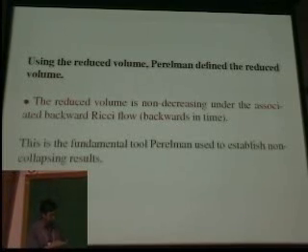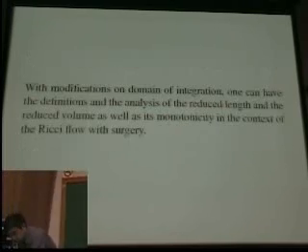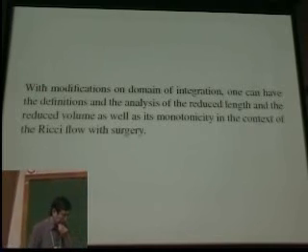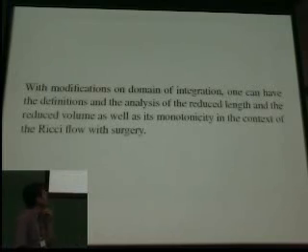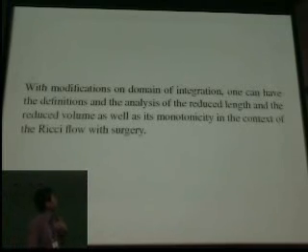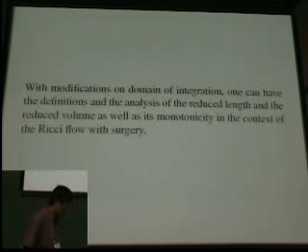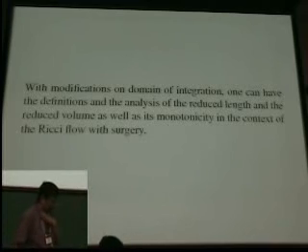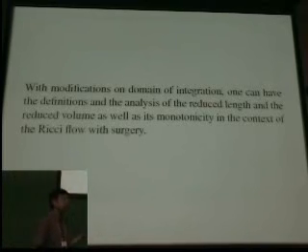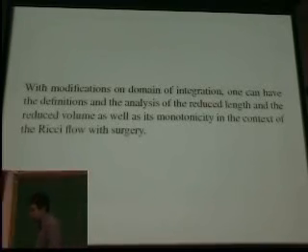So this is the key monotonicity result. Also, with modifications on the domain of integration, one can define and analyze reduced length and reduced volume, and their monotonicity, in the context of Ricci flow with surgery. If you want to really understand this part, you have to read the papers and the book.